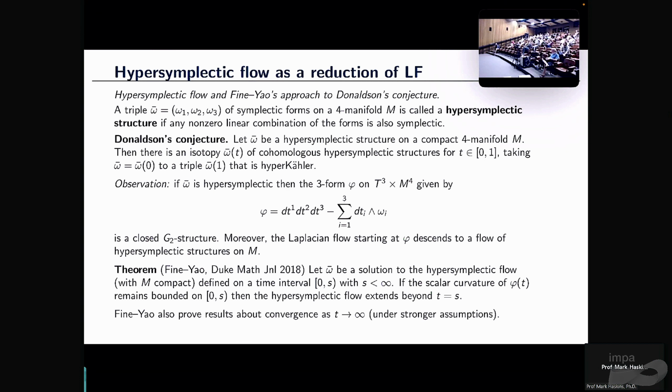So when this is a hypersymplectic triple, then this 3-form is actually a closed G2 structure. So then you can run the Laplacian flow on it, and Laplacian flow starting at that particular type of 3-form actually does descend and give you a flow of hypersymplectic structures.